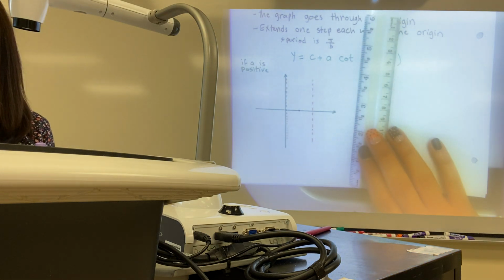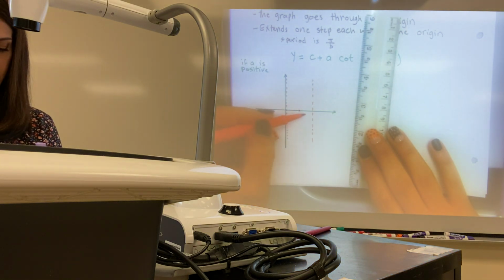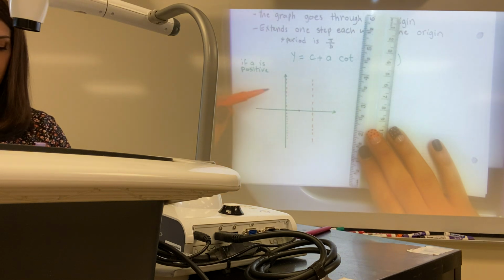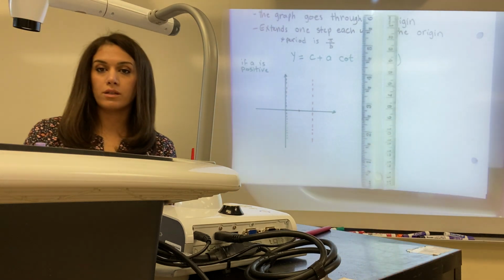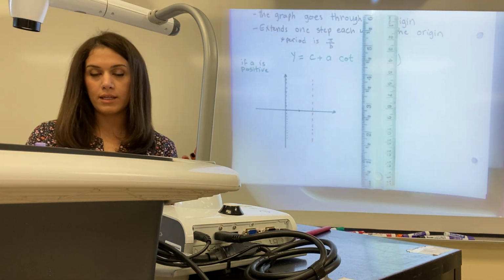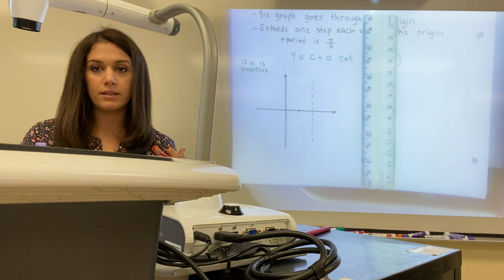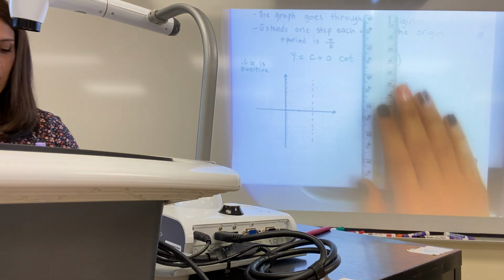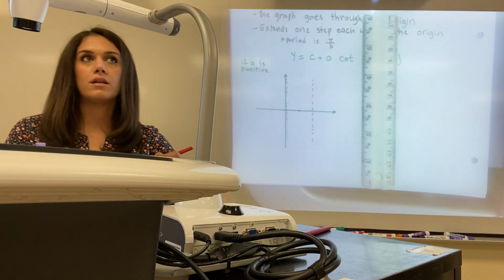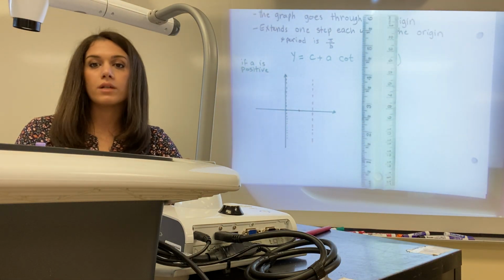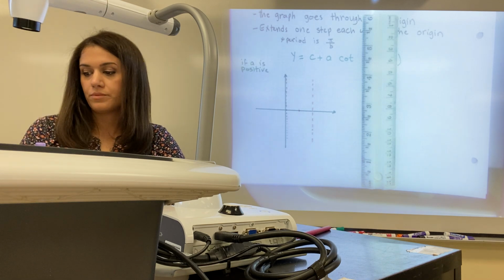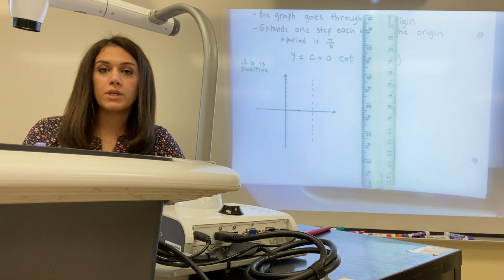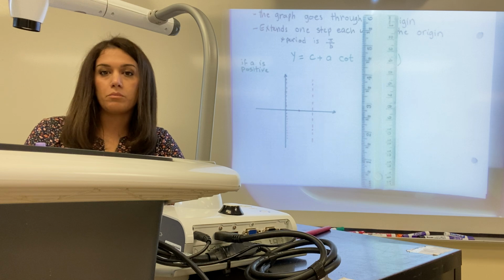Okay, taking all values for x and finding the values for y, which is the cotangent. Again, you either say it's x divided by y or cosine divided by sine. So whenever cosine is 0, the cotangent is 0. And because we're dividing cosine by sine, right?